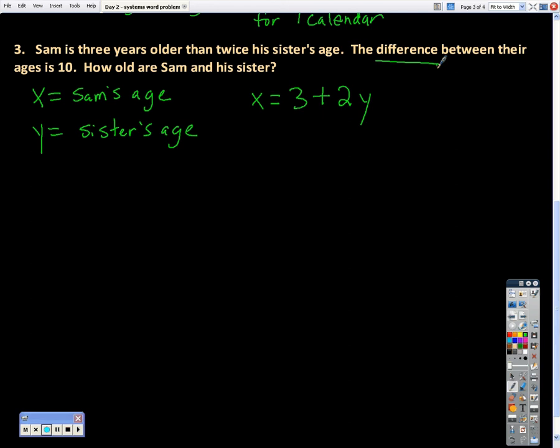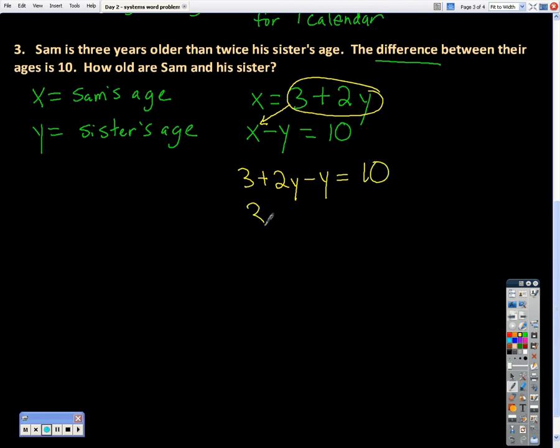Now we know that Sam is older than his sister, so he's going to come first. x minus y equals 10. This problem is set up really nicely for substitution. So we're just going to substitute, and it's going to be 3 plus 2y minus y equals 10. 3 plus y equals 10. And we find out that Sam's sister is 7.